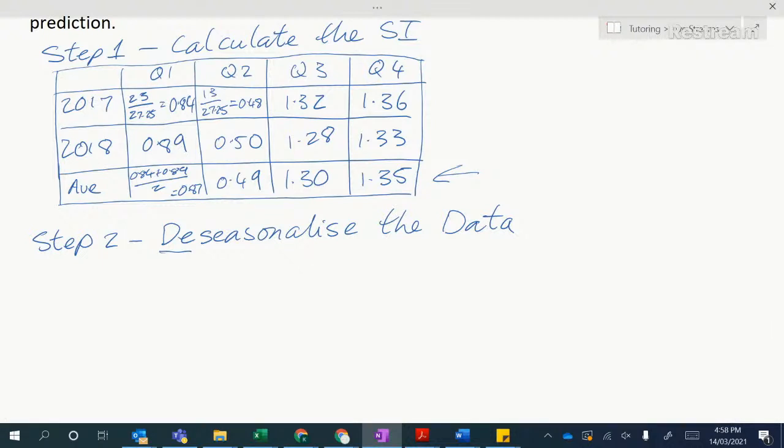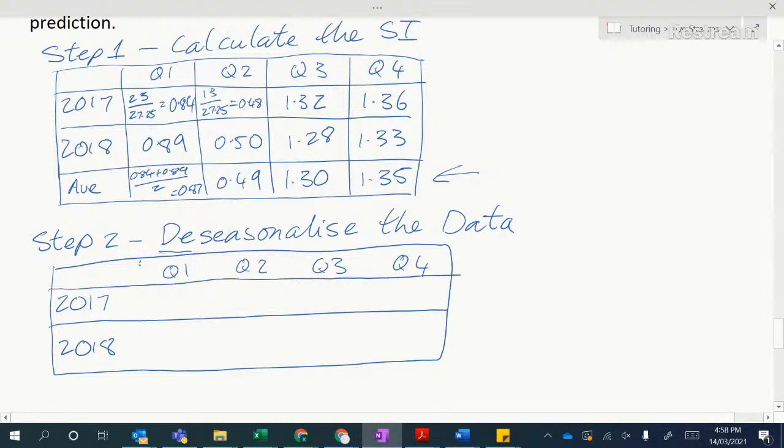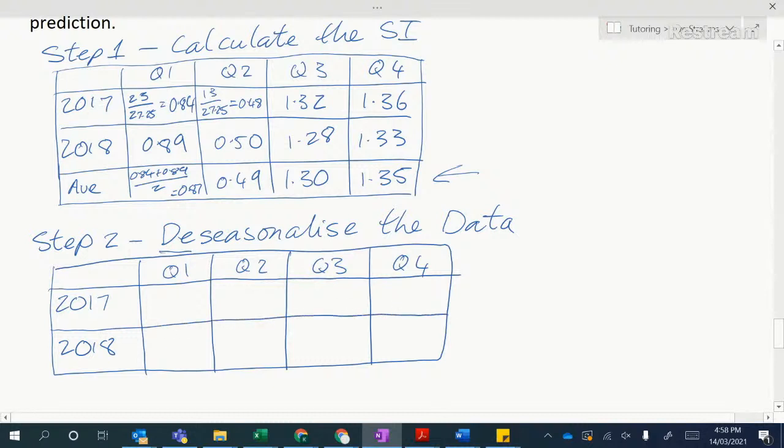I'm going to redraw my table again. Okay, I'm just going to even that up. Lovely.